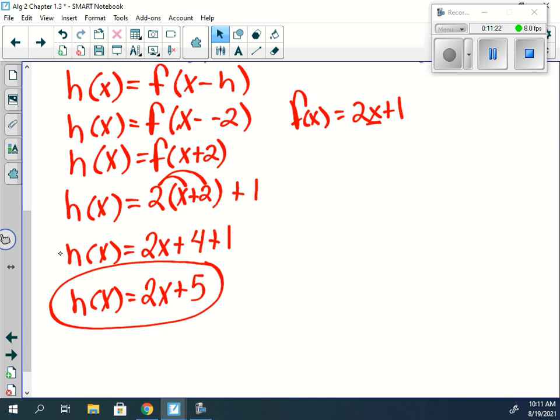It almost looks like we just added 4 to the function and got the same thing, doesn't it? This only really works with linear functions. With linear functions, the left and right movement does differ a little from the amount that they move up and down, depending on the vertical stretch that has been applied. The left and right and up and down can be made to be the same. Here it's going to be up 4 instead of left 2.